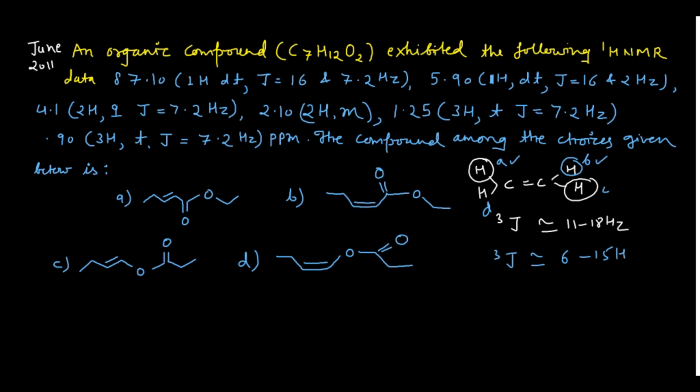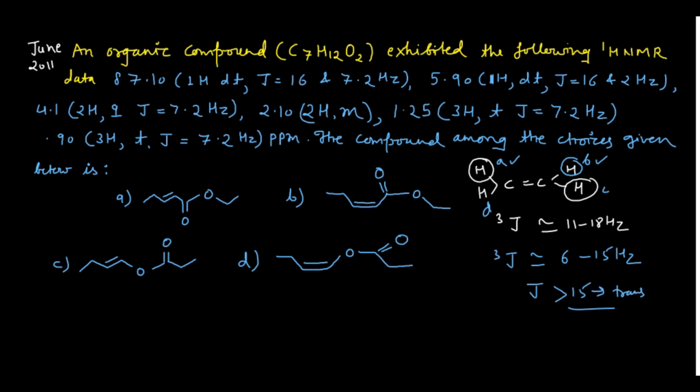Please remember one thing, whenever you have a J value for an alkene greater than 15, it will always correspond to the trans alkene. Please remember. In this case you see the J value given is 16.